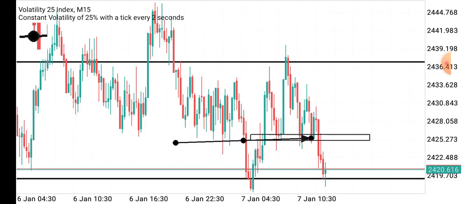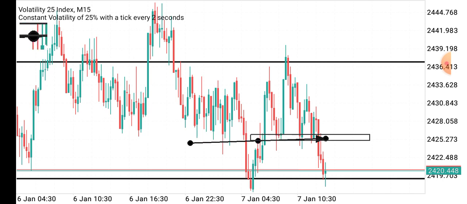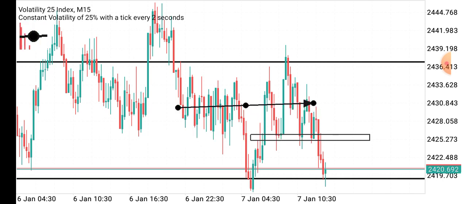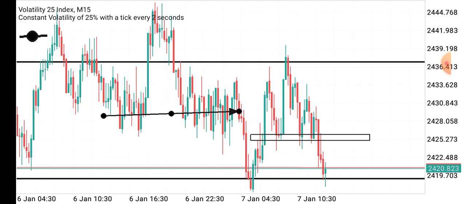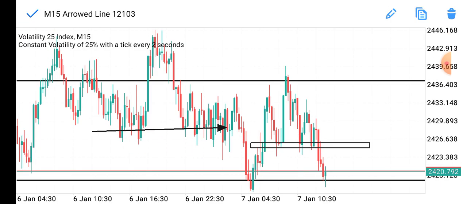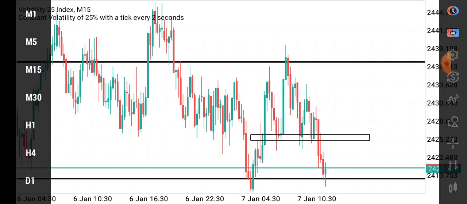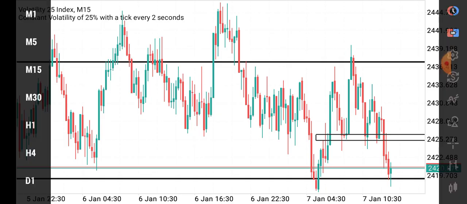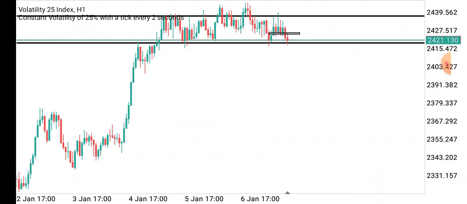You can just enter a trade at this point, put your stop loss just above this little high here, then wait to see what the market will do. It can sell from this zone below. But if you want to be on a safer side, then you want to see the market going below this black line, which we have as support right there. You see this zone here.